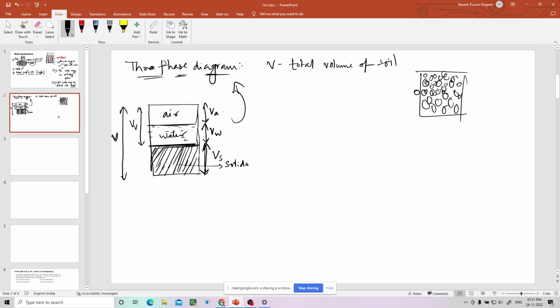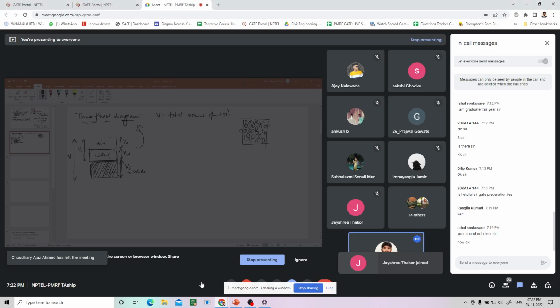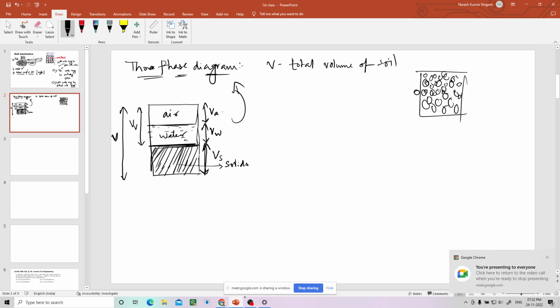Now by this we can understand that solids will anyway always be there. There will be water and, let us say, air. That means voids are not fully filled with water; there is some air left in every void, on average.